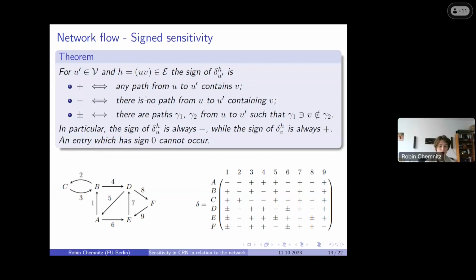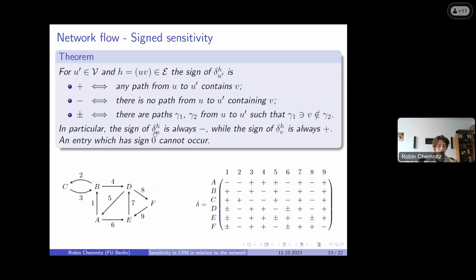If no path spans this edge, then basically this edge is pointing away from the target U prime, and we get a negative influence. And if there are paths that both span this edge H and paths which don't span this edge H, then there's an indeterminate sign.